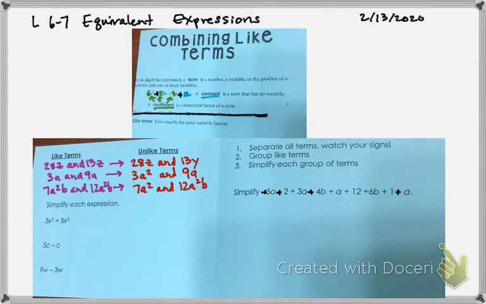Well, what I want you to notice that's common here is the variables. So what we could do is factor out the variable. What does that look like? Well, we're going to have x squared over here. So basically what I can do is divide x squared out of each of these.